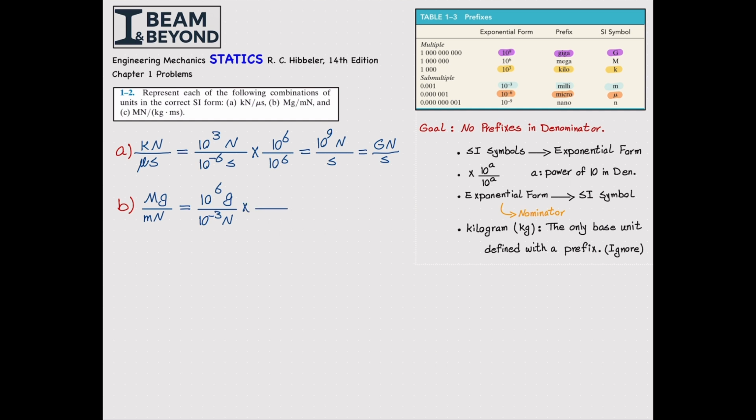Times the unity fraction number. We have 10 to the power of -3. So times 10 to the power of 3, we'll get rid of that -3. So we'll have 10 to the power of 9 gram at the numerator, and we'll have Newton at the denominator. And this will give us 10 to the power of 9, which is gigagram per Newton.